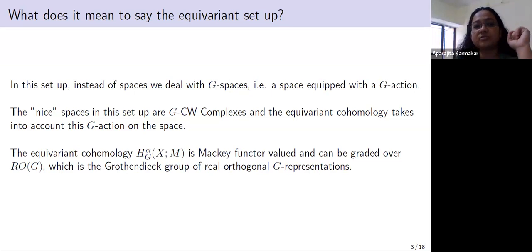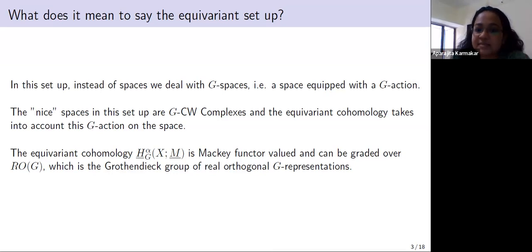And the equivariant cohomology takes into account the G action on the space. It is denoted by H bar. Alpha denotes the grading, G denotes the group action, X is a G-space, and M is a Mackey functor. So the cohomology is denoted by this sign, and it itself is a Mackey functor.